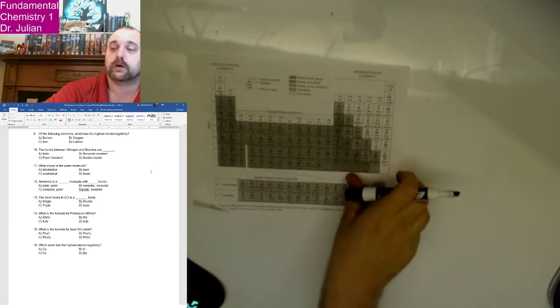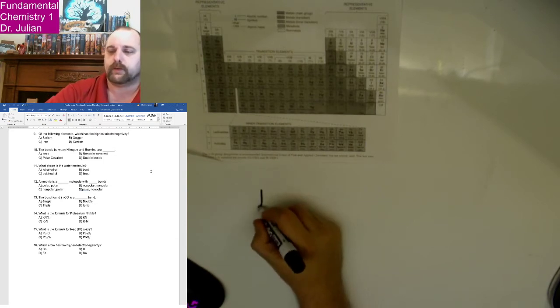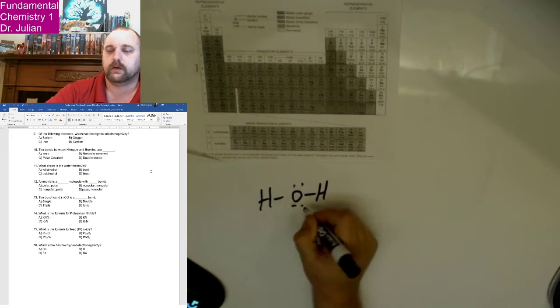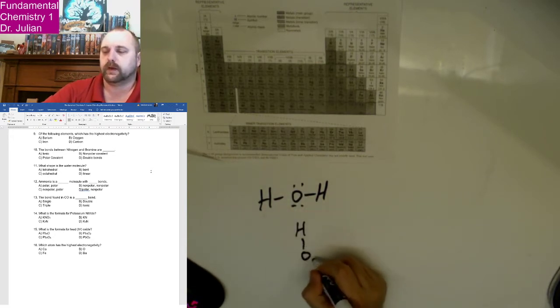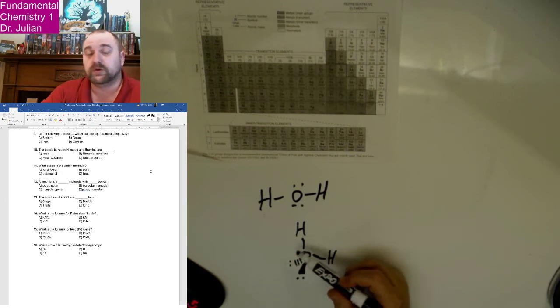What shape is the water molecule? Hopefully by now you did have that one memorized, but here's the Lewis structure for water. It's got 4 things. 4 things would be a tetrahedral. We did this one in lab enough that hopefully you remember it. But when you do the shape, you don't include these lone pairs.